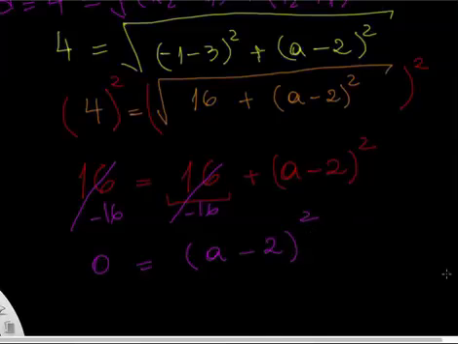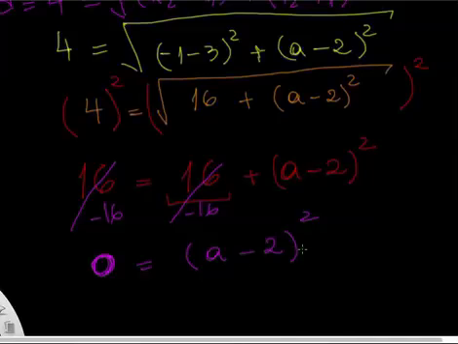So what I see here is I have a 0 value. So to make it work in the equation, this should be equal to 0. So anything squared that is equal to 0, that has to be a 0.